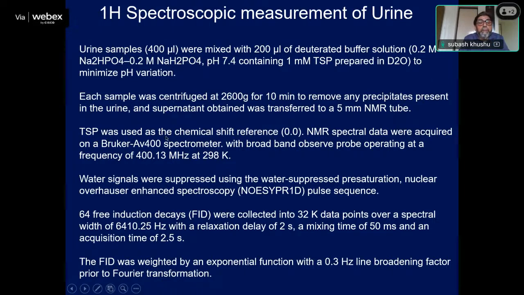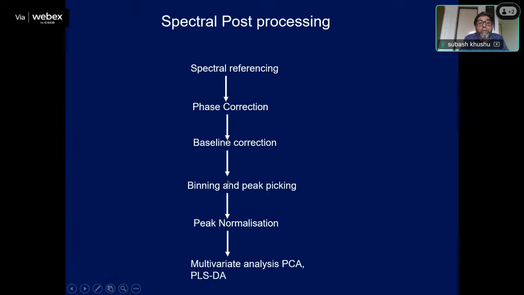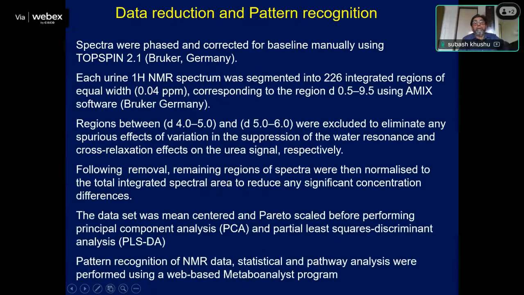TSP is used as a chemical shift reference, and the TSP peak will come at 0 ppm, and all other peaks will be measured with respect to TSP. Then water suppression is done using water suppression pre-saturation pulses, as we did in in vivo proton spectroscopy. And then you can subject it to the NOESY-PR 1D sequence, and then you do the post-processing.